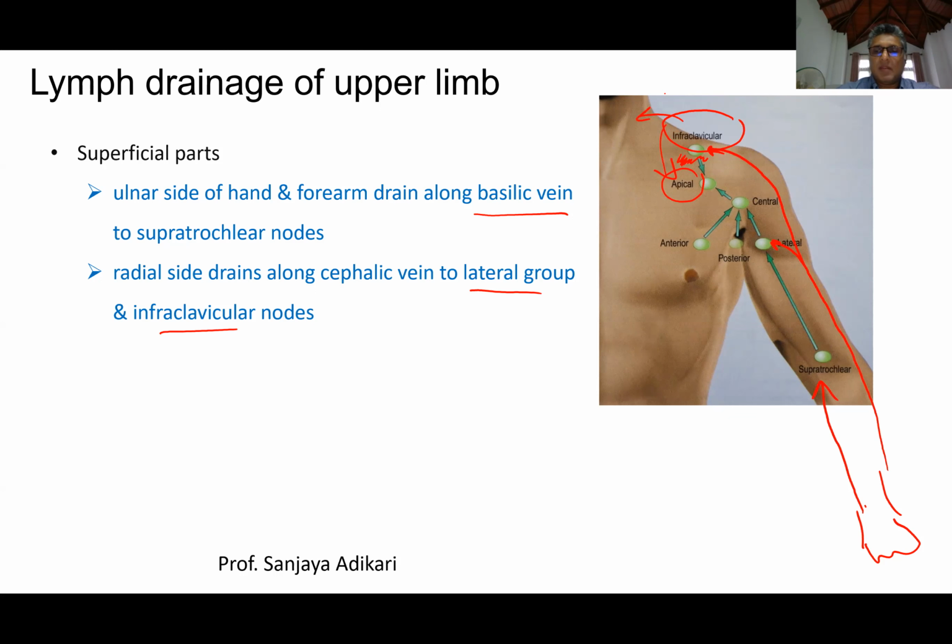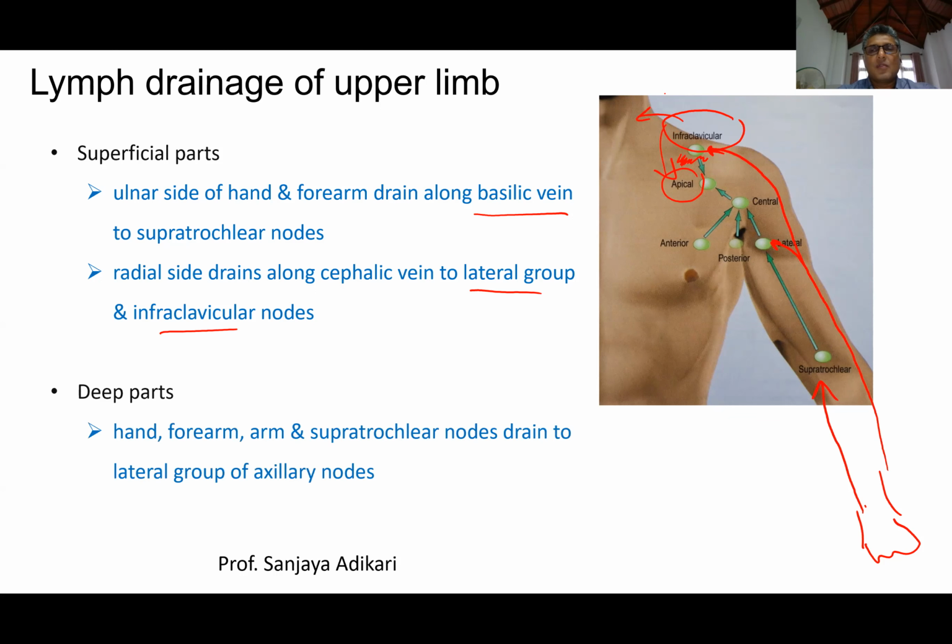Then all deep lymph from the upper limb, that is, hand, forearm, arm, all deep lymph, plus whatever drained into the supratrochlear group, will ultimately drain into the lateral group of axillary lymph nodes. Then from there into the central group and apical group.